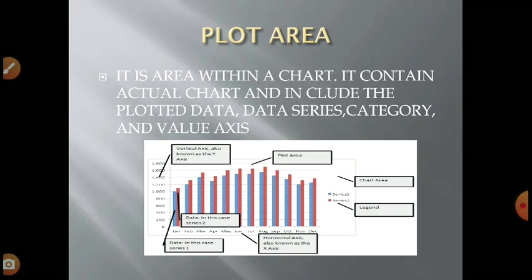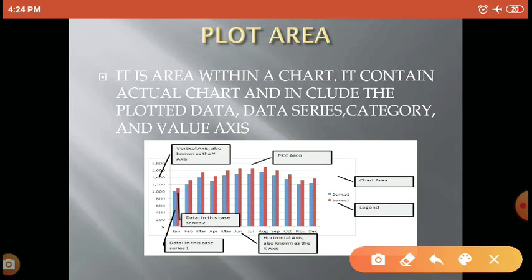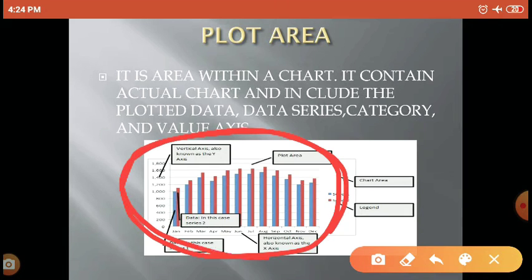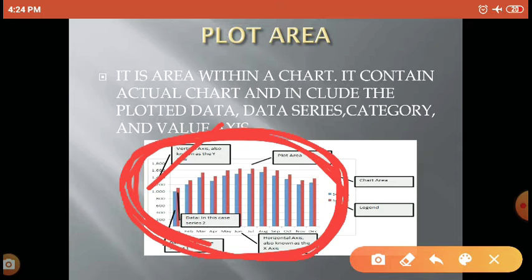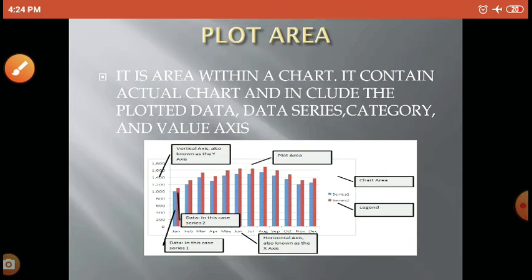Let us understand with the help of the figure. Now see, this whole area is known as your plot area. Everything inside this: x-axis, your y-axis, data series, whatever is the marking of the data. Category axis is there, value axis is there, data series is there, plotted area. So everything in this plotting area is called your plot area.